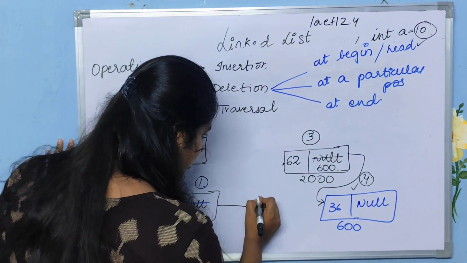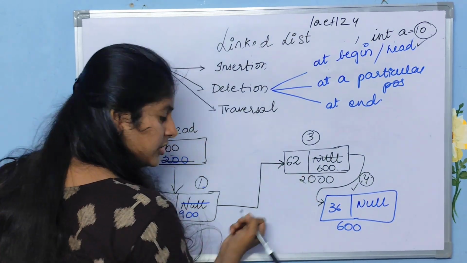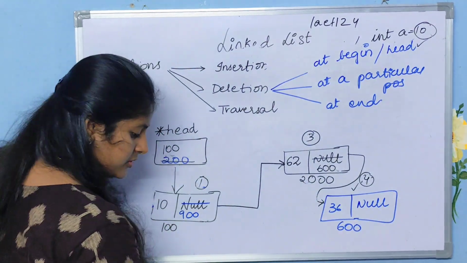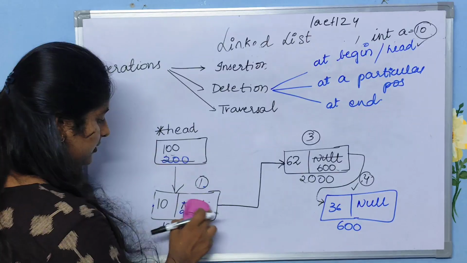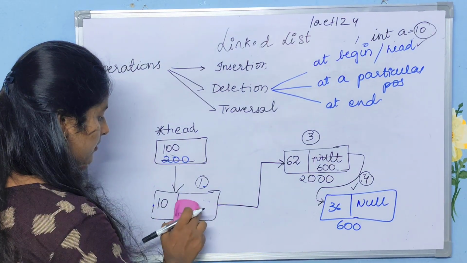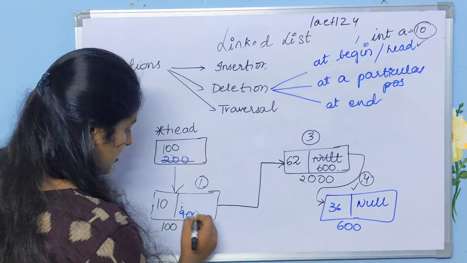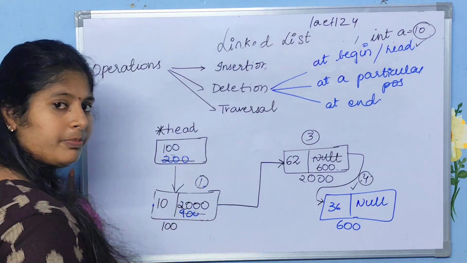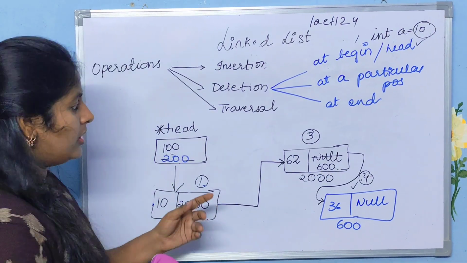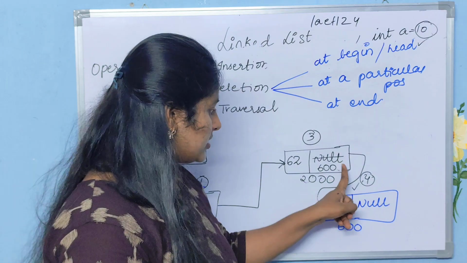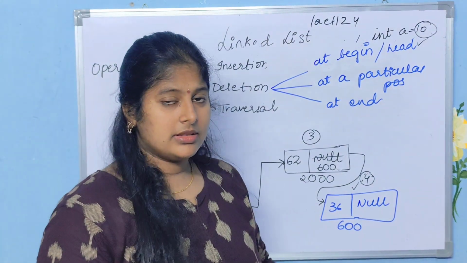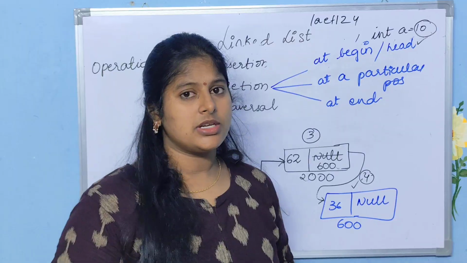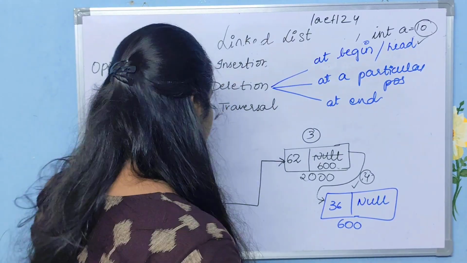The element next to this is 62. What is 62's address? 2000, right? So 2000 will be stored here. Okay. So what is the next address of 62? 600. This is fine. This is called deletion of elements or deletion of nodes at a particular position.